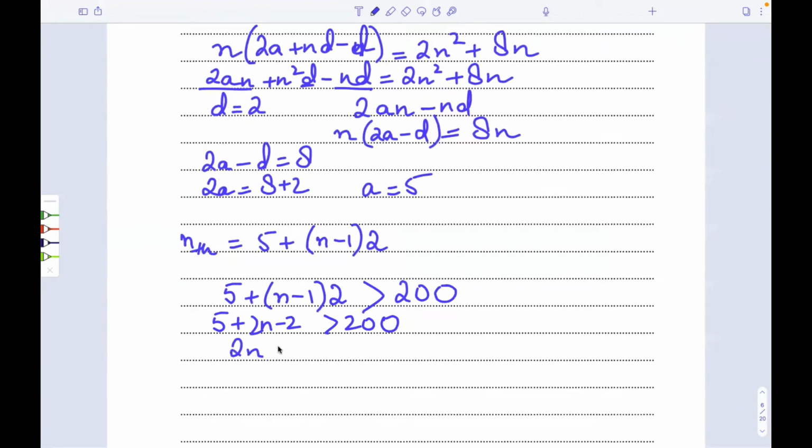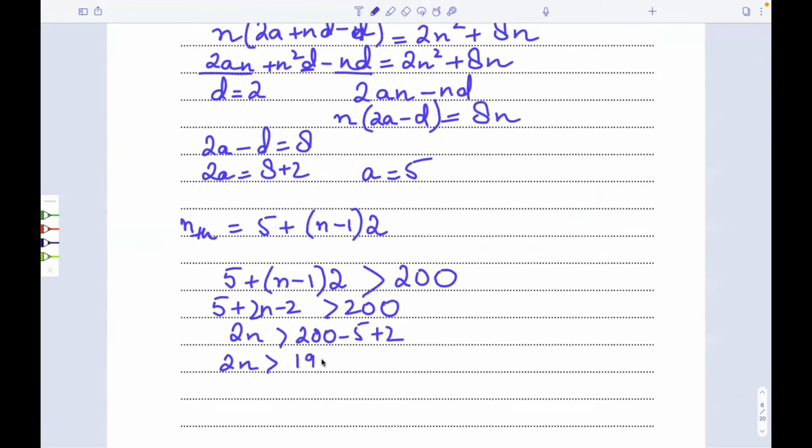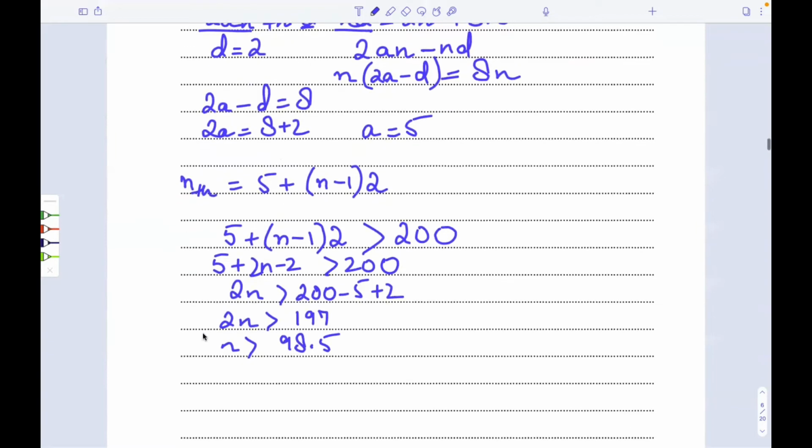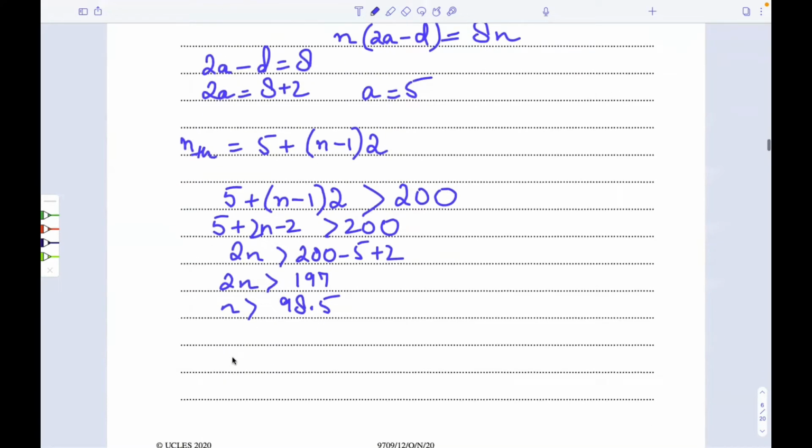Simplifying, we get 2n is greater than 200 minus 5 plus 2, so 2n is greater than 197 and n is greater than 98.5. As n is an integer and it is greater than 98.5, n should be equal to 99.